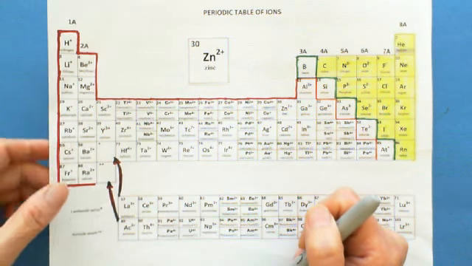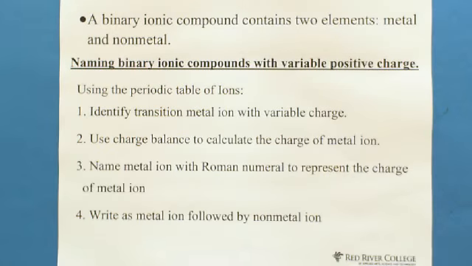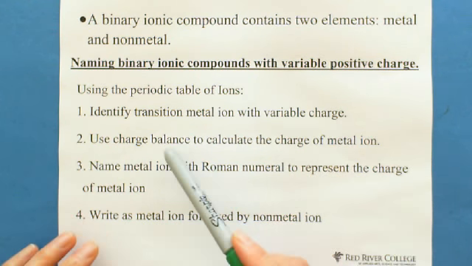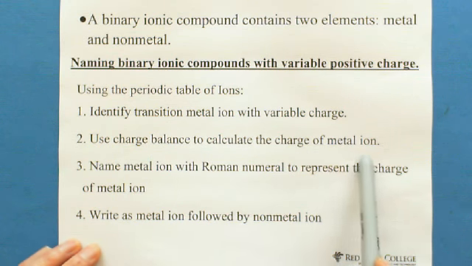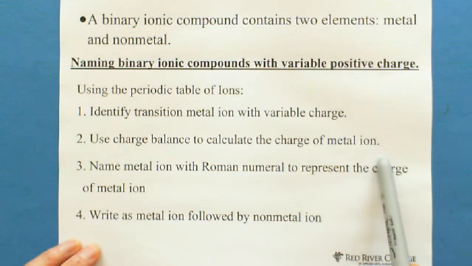So let's look at how to name this kind of compound. Using the periodic table of ions, first you need to identify the transition metal ion with variable charge. Second, use charge balance to calculate the charge of the metal ion, because we need to make sure, for example, whether iron is 3 positive or 2 positive.